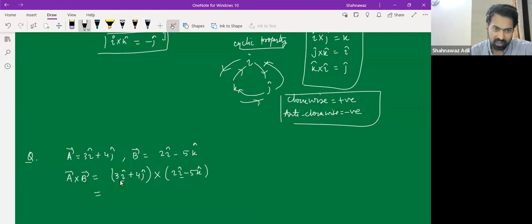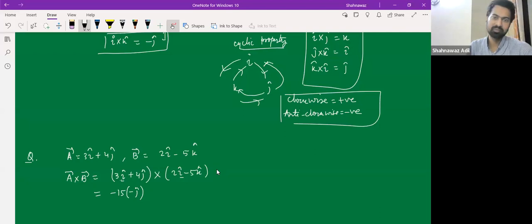And then we have 3i cross 5k. So this is minus 15, and I cross k is how much? Yes, guys, I cross k. Minus j. Yes, minus j, Akib.